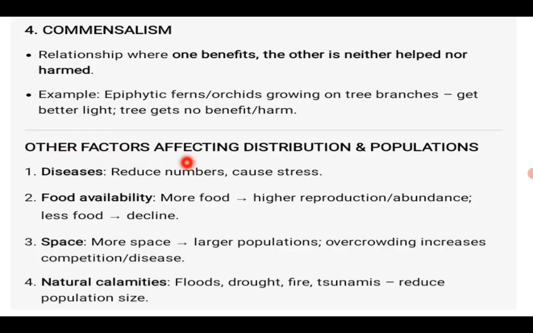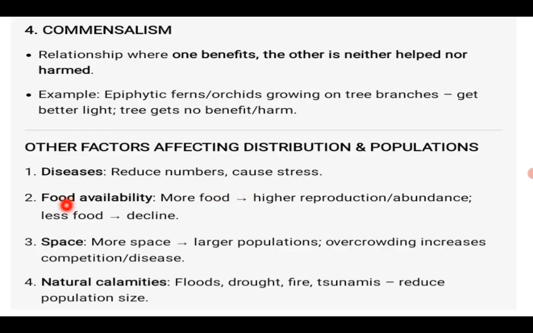Other factors affecting distribution and populations of organisms include diseases. Diseases will reduce the numbers because some organisms may die eventually. Diseases may also cause stress on the organisms. Food availability: when there's more food, it means there's higher reproduction and abundance.